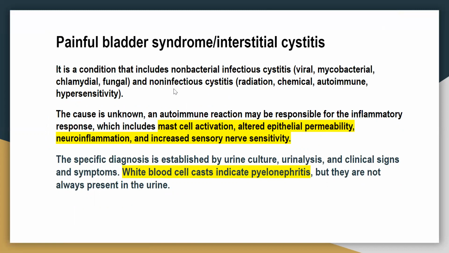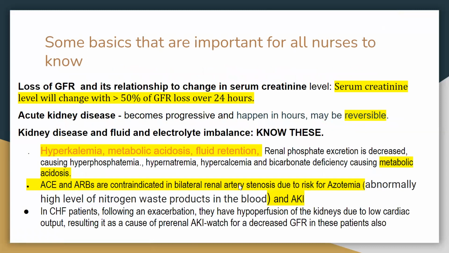It can be non-infectious with all these other four components. The cause is normally, nobody knows exactly, but there is an autoimmune reaction that is responsible. There is mast cell activation, altered epithelial permeability, neuroinflammation, and sensory nerve sensitivity. White blood cell cast indicates pyelonephritis. I have highlighted that again.